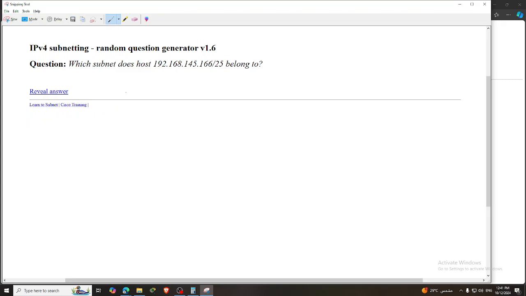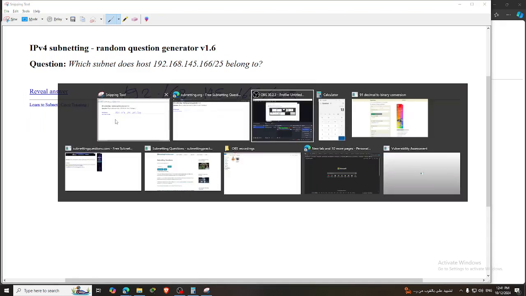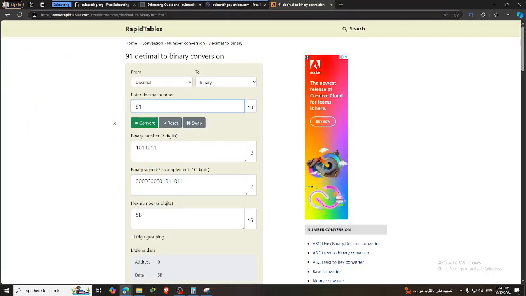As always, 192.168.145.166/25. This is a class C address, so it's a /24. So basically we borrowed only 1 bit. So when we write the address in binary, let's just get our binary calculator right here.